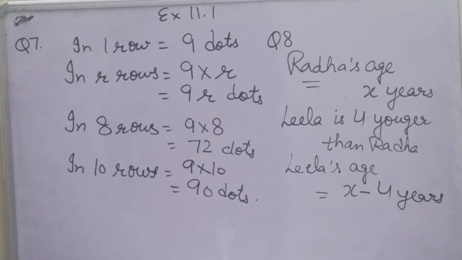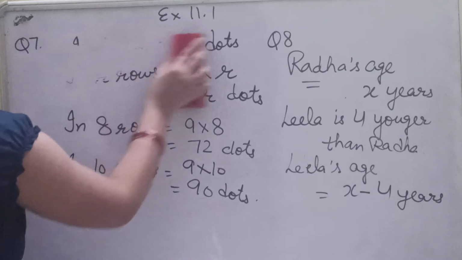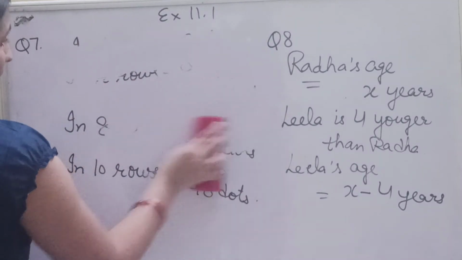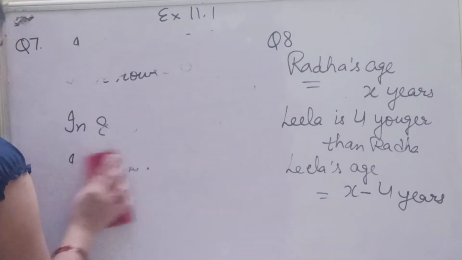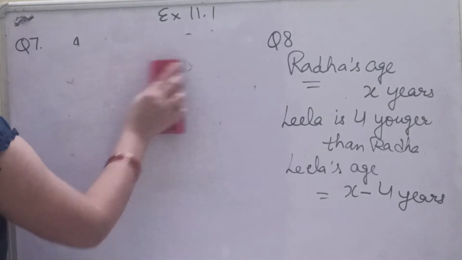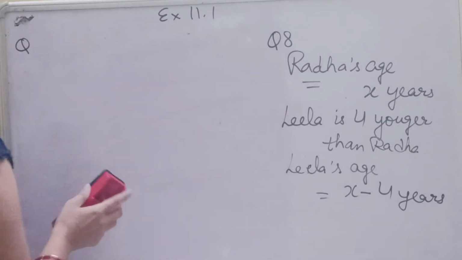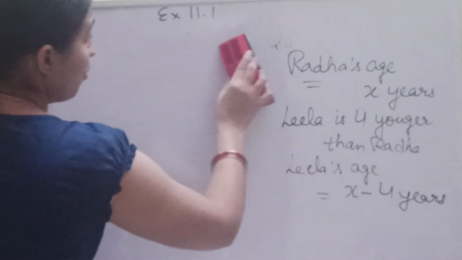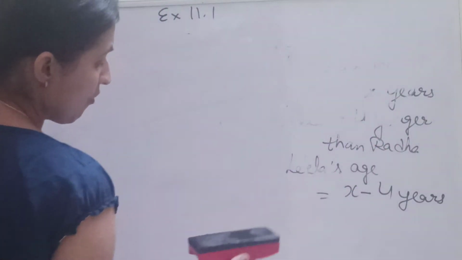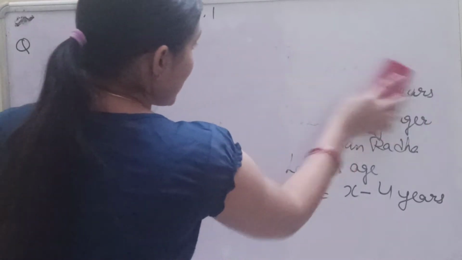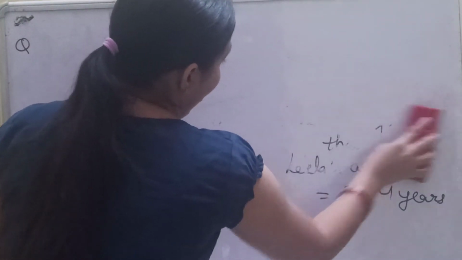Then question number 9 is: mother has made laddus. She gives some laddus to the guests and family members, and after distributing, still 5 laddus are left with her. So what we have to do is find how many total laddus mother has made.